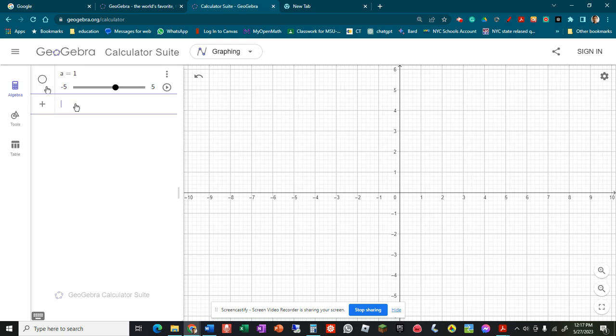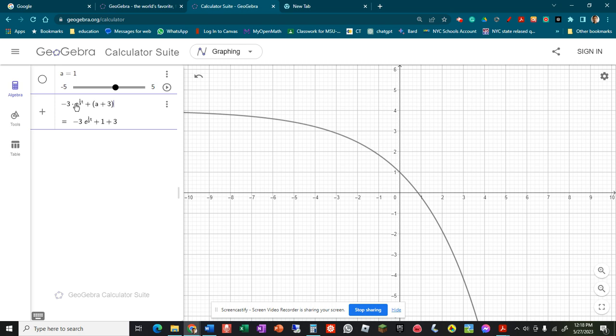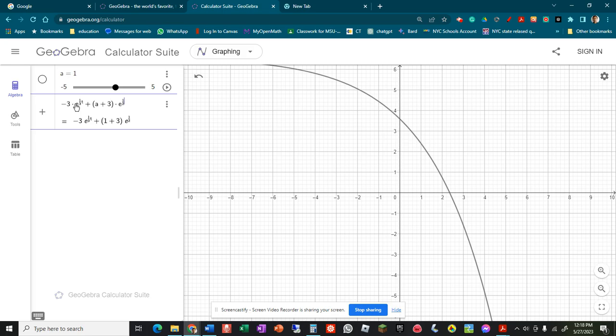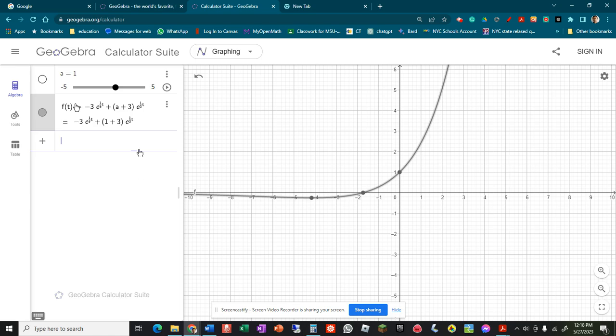And then I have the specific solution in terms of a, which is negative 3 times e to the power 1/3 t plus a plus 3 times e to the power 1/2 t. Very good.